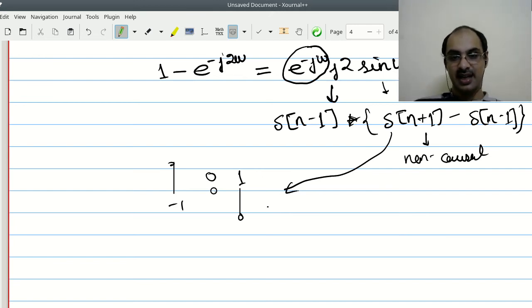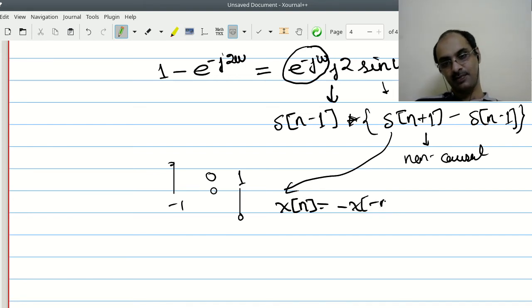That is, this sequence satisfies x of n equals minus x of minus n. Okay. Why? Because if you put n is 0, you get x of 0 is 0, n is 1, x of 1 is minus x of minus n. So this sequence is actually called an odd sequence.